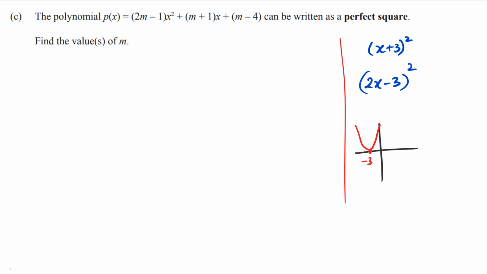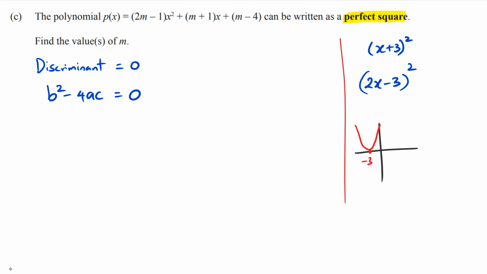In other words, it cuts the x-axis once, which means the discriminant has to equal 0. That is all it means when we say it can be written as a perfect square. So the first step is that the discriminant is equal to 0. We put down b squared minus 4ac equals 0.